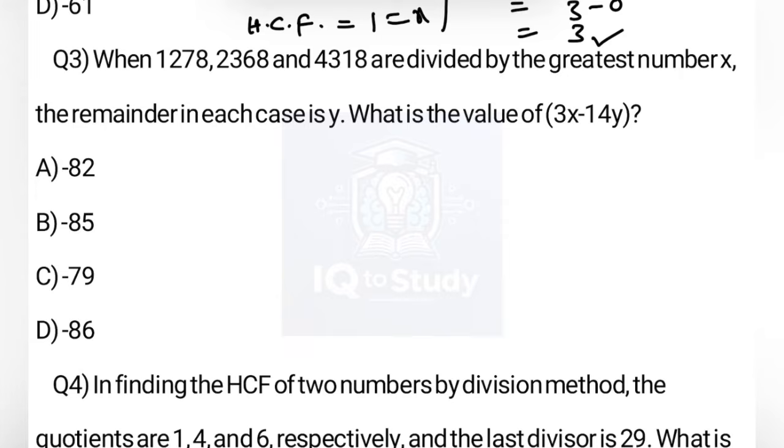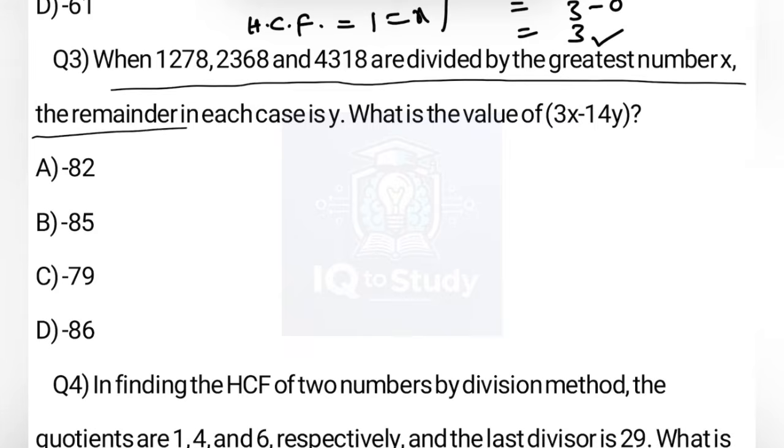When 1278, 2368 and 4318 are divided by the greatest number x, the remainder in each case is y. What is the value of 3x minus 14y?